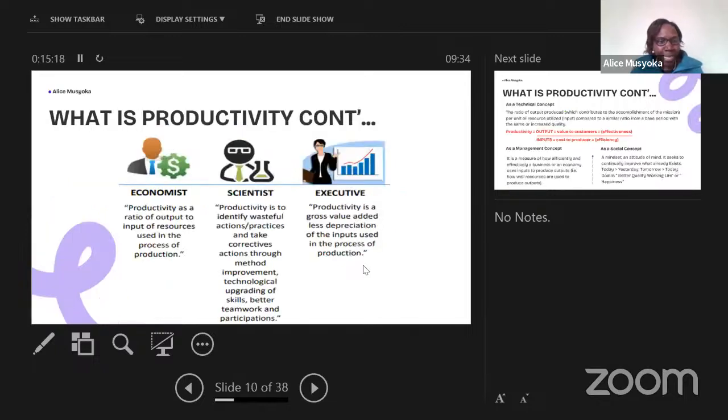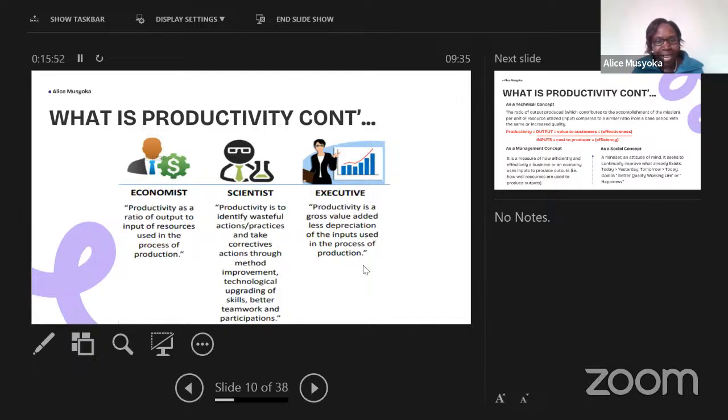To an economist, productivity is a ratio of output to input of resources that are used in the process of production. To a scientist, productivity is to identify wasteful actions or practices and take corrective measures or corrective action through improvement, technological upgrading of skills, better teamwork, and participation.